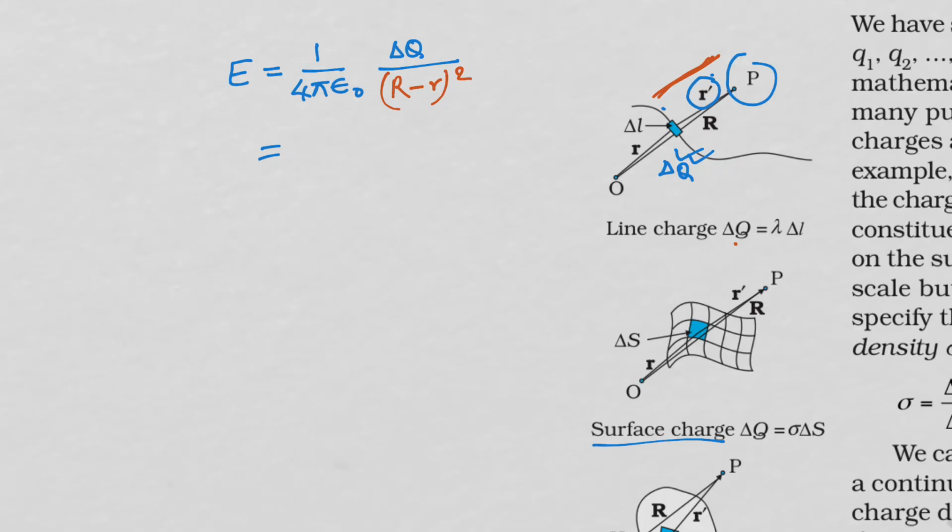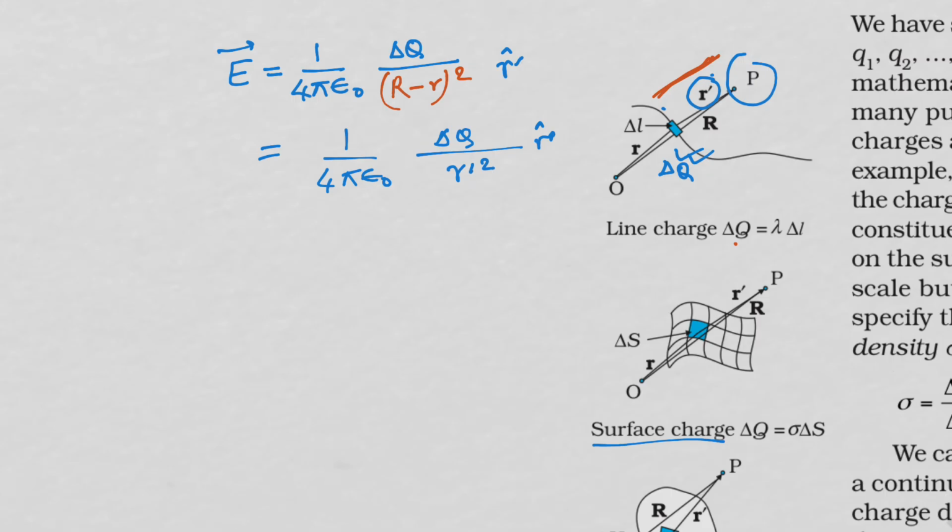So we can write it again: 1 upon 4 pi epsilon naught, delta Q by r dash square, and since electric field is a vector quantity, it will have a direction element, which is r dash cap.